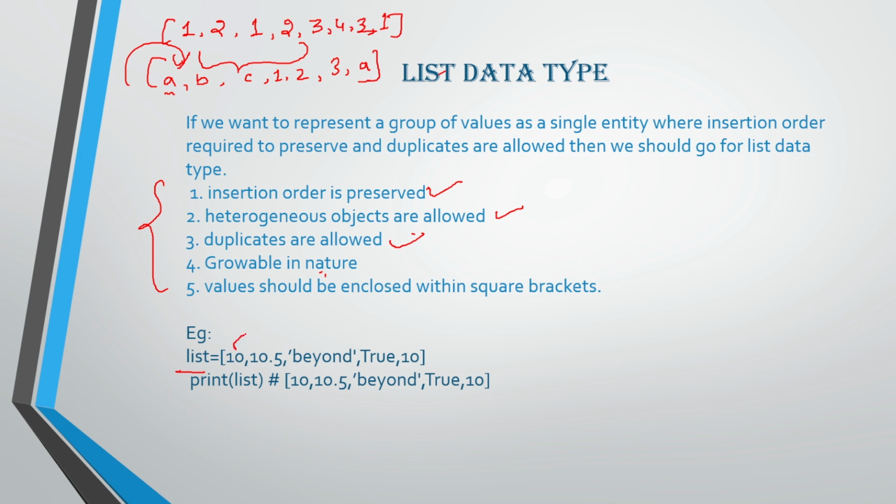These are a collection of heterogeneous data: integer, float, string, boolean, and again the integer is repeated. If you print it, it is going to print the same thing. So let us see the next content.